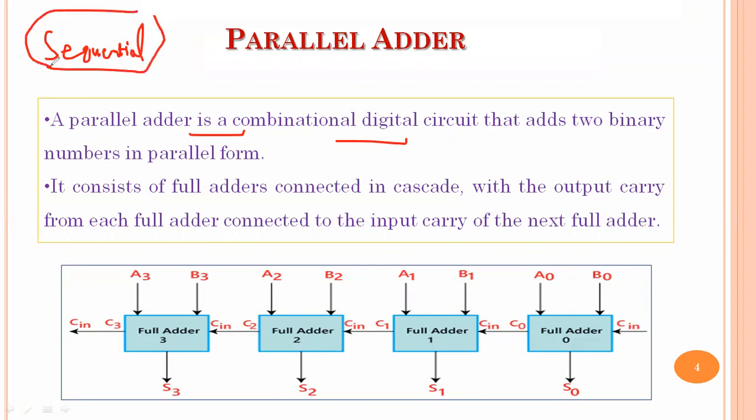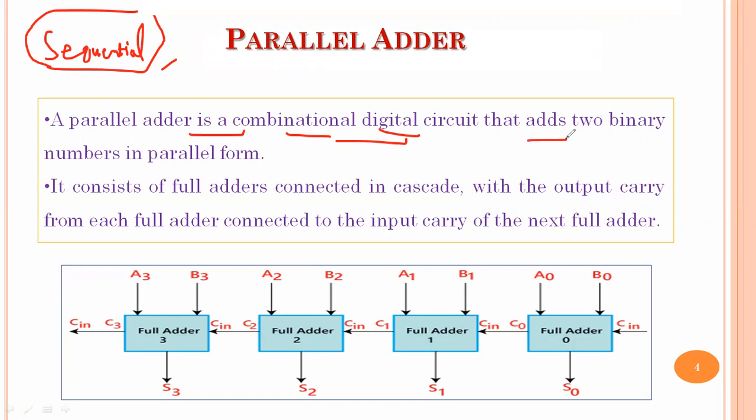These shift registers are used as memory for the serial adder because we have to store the value of sum as well as the carry. But this parallel adder is a combinational digital circuit. Combinational means no memory will be required in it, and as soon as the power supply is on, that circuit will work. Otherwise, all the results will be removed from this circuit.